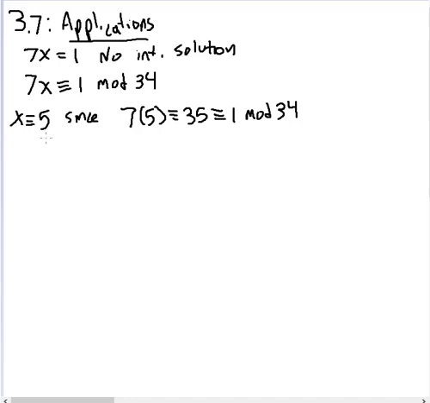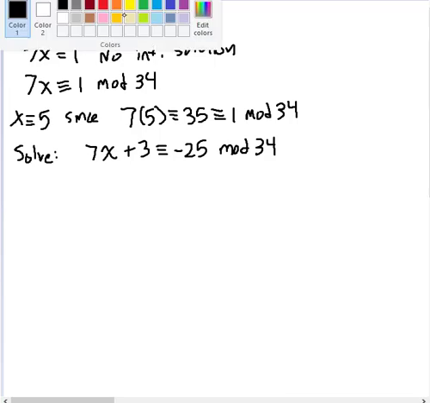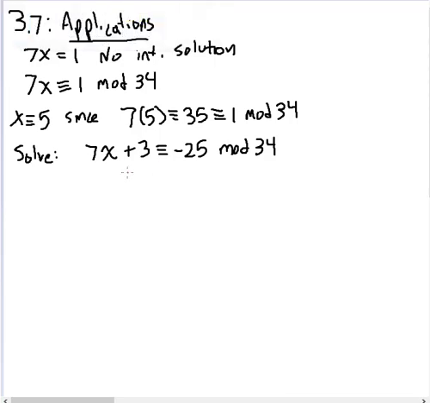So what's the point? Well, if I want to solve, let's say, 7x plus 3 is congruent to negative 25 mod 34, how are we going to do that? The first part is okay. Nothing changed.